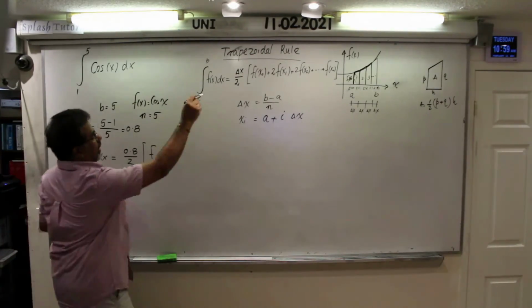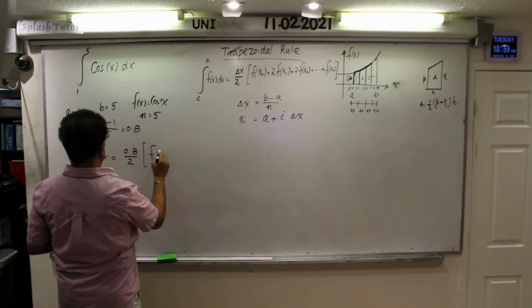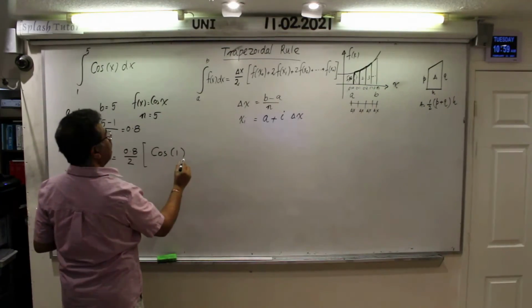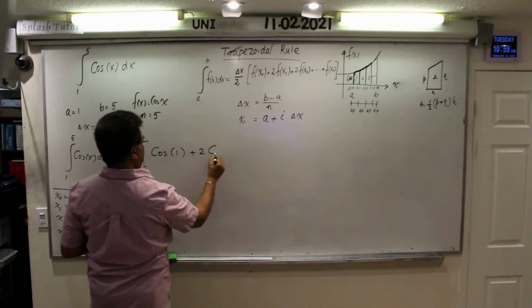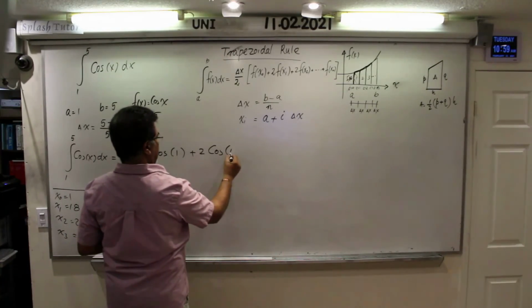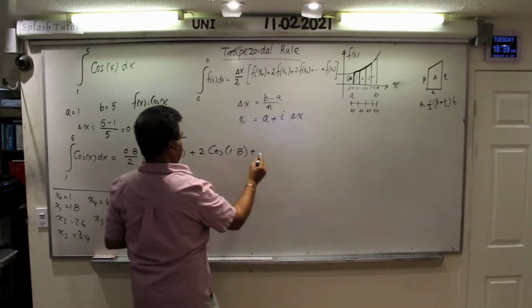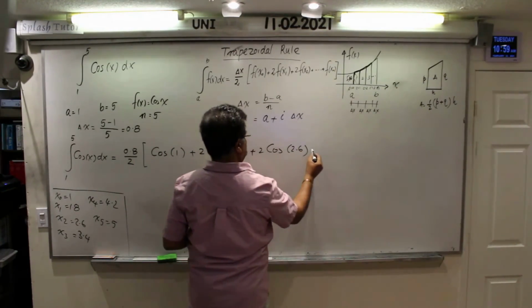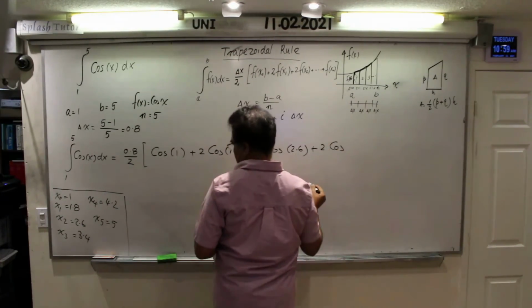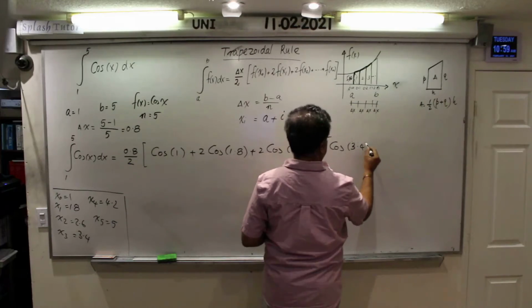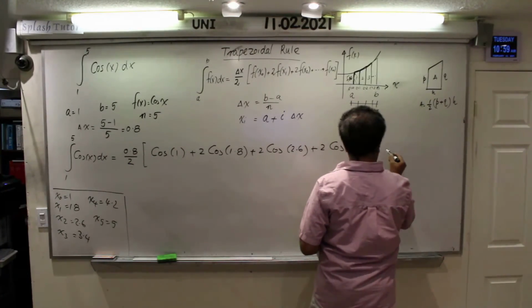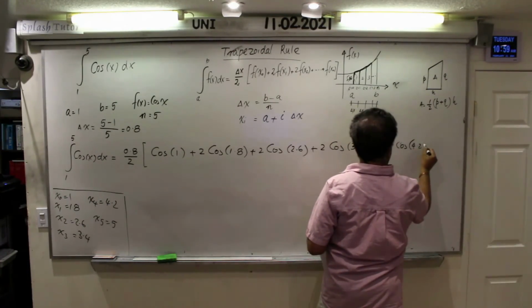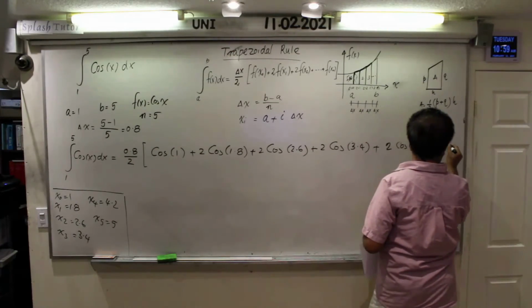Now f of x0, that is cosine 1, plus 2 times cosine 1.8, plus 2 times cosine 2.6, plus 2 times cosine 3.4, plus 2 times cosine 4.2, plus, last but not 2, that's actually cosine 5.